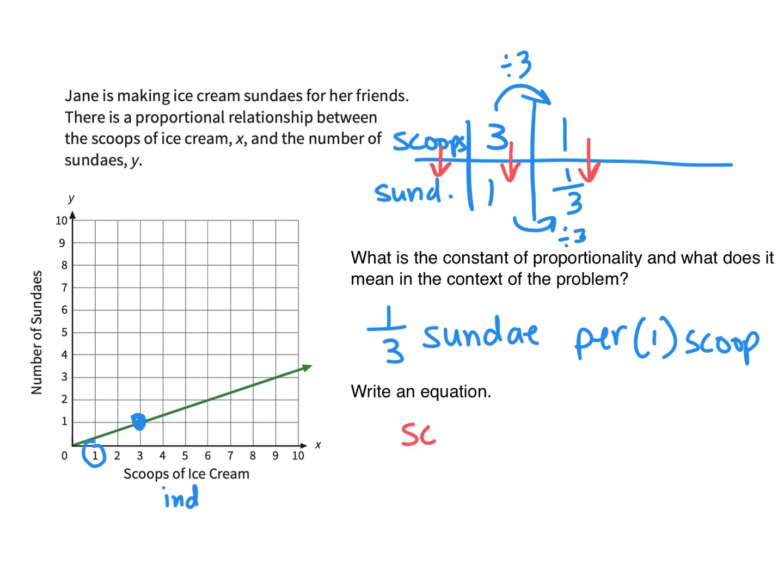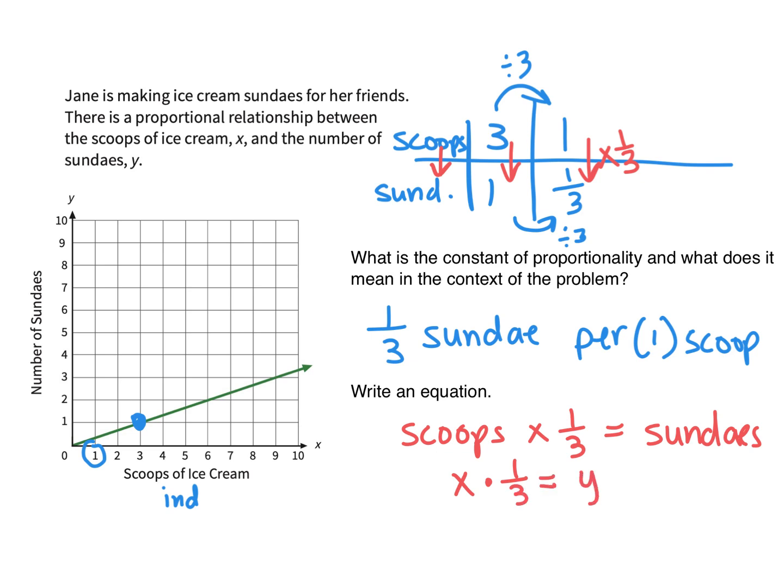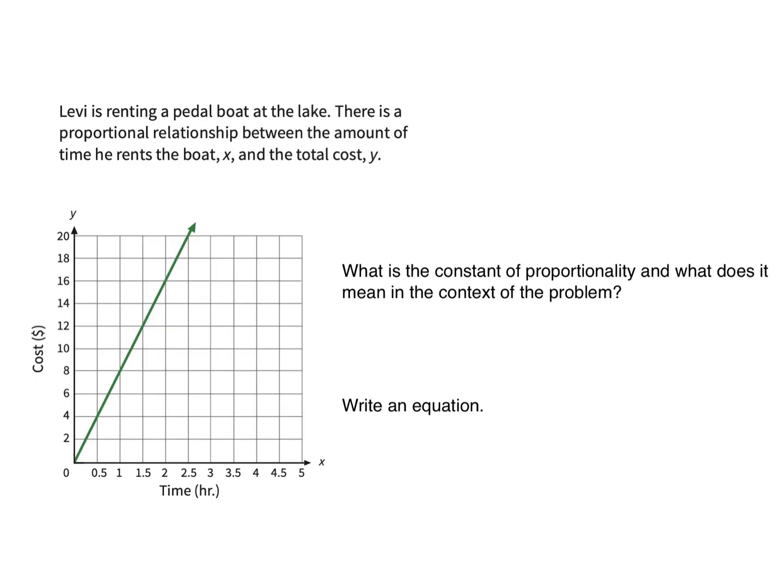So I would say scoops times 1/3, because that's how we're getting from 1 to 1/3. 1 times 1/3 is 1/3, would give us how many sundaes we have. And now I'm just going to replace it with my variables. So scoops is my x, and sundaes is my y. And then I would want the number to come first. So I'm just going to reorganize it. All right, hit pause and try this problem.